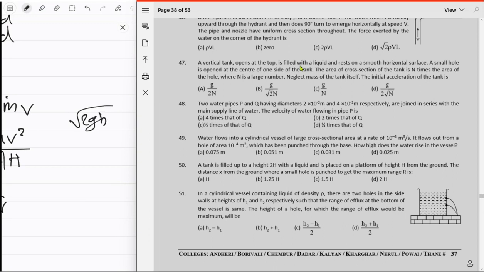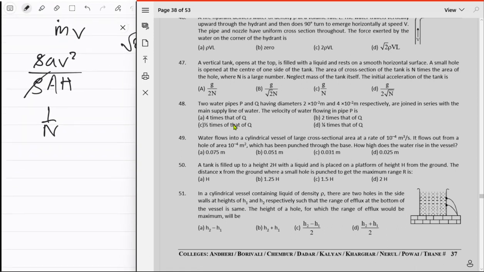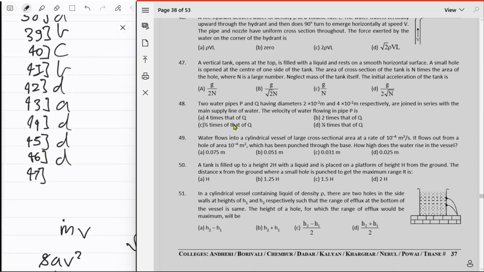Now, they are saying the orifice is at the center of one side of the tank, right? Yeah, so this is actually h upon 2, which means this is just g capital H, and this would just be g upon n. That's the acceleration. Cool. So that would be C, I think. Next question.